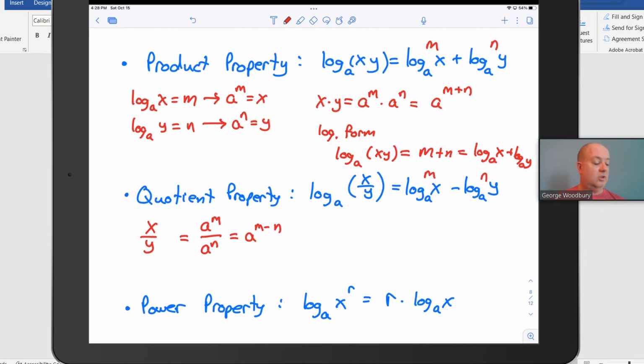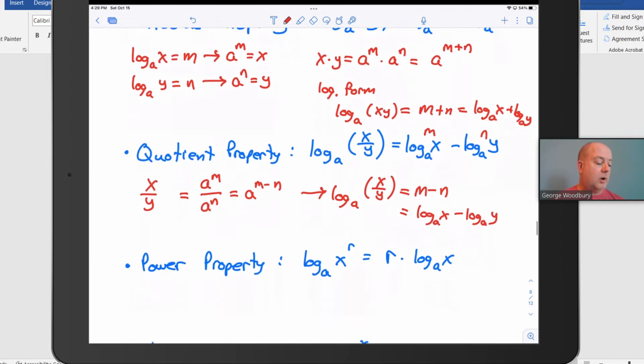Now, if we change this to logarithmic form, log base a of x over y equals the exponent, m minus n. But that equals log base a of x minus log base a of y.